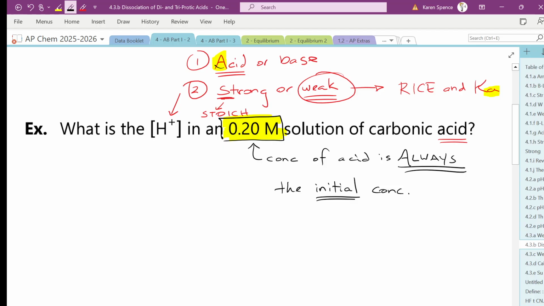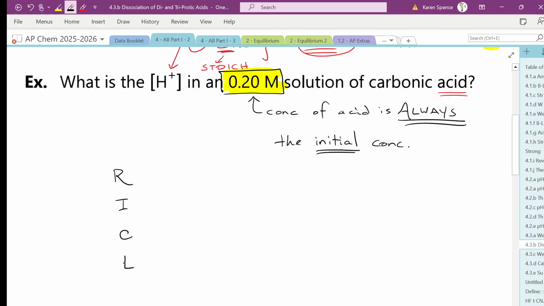And remember, the concentration of the acid given in the question is always the initial concentration. Now, bearing in mind what I just told you, what should your products be here for the reaction?